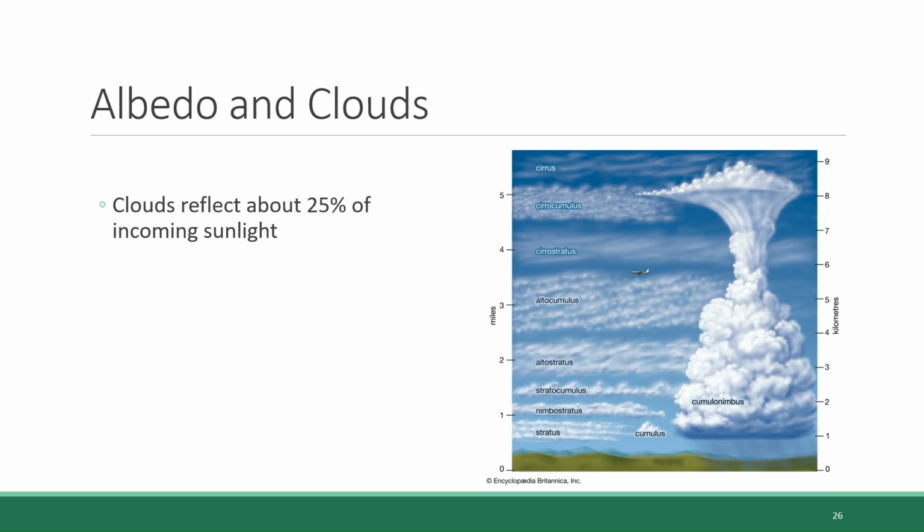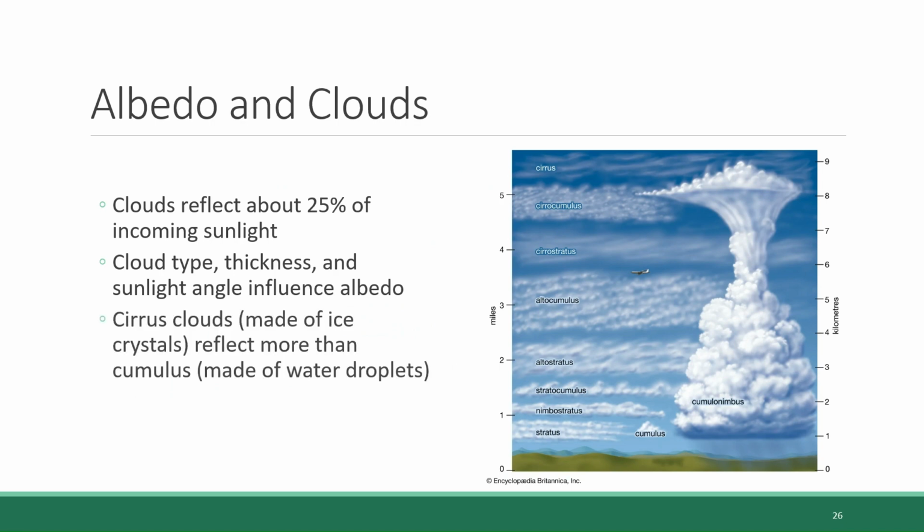Across the globe, clouds actually reflect about 25% of the incoming sunlight before it even hits the surface of the Earth. This, of course, varies depending on the characteristics of the cloud, including cloud type, thickness of the cloud, and the angle of the sunlight. For example, cirrus clouds, which are made of ice crystals, have a higher albedo than cumulus clouds, which are made of water droplets.